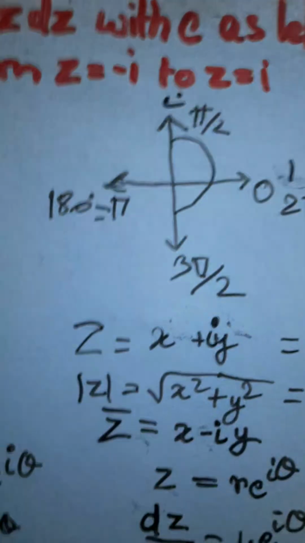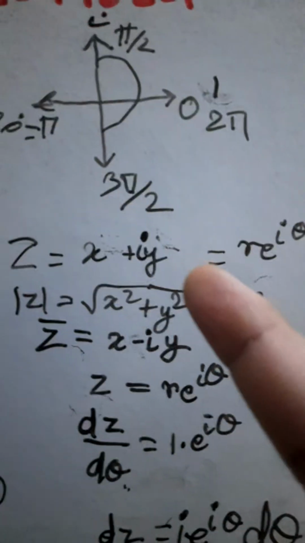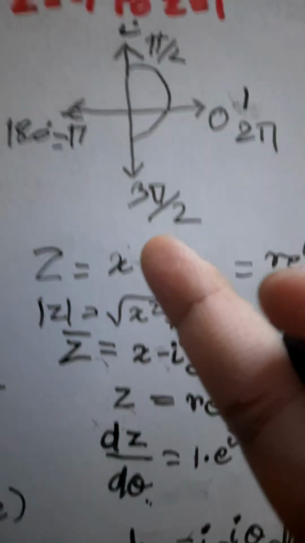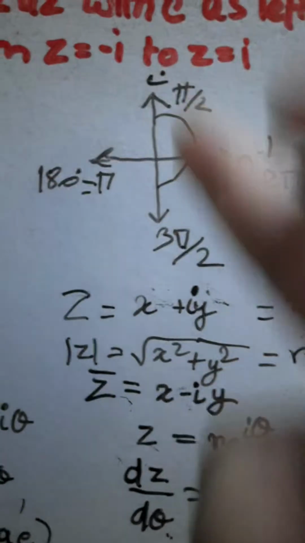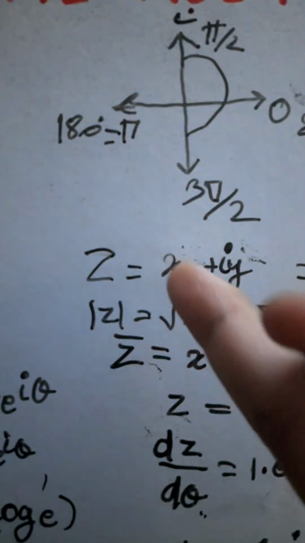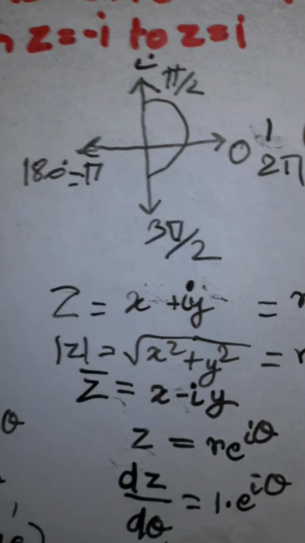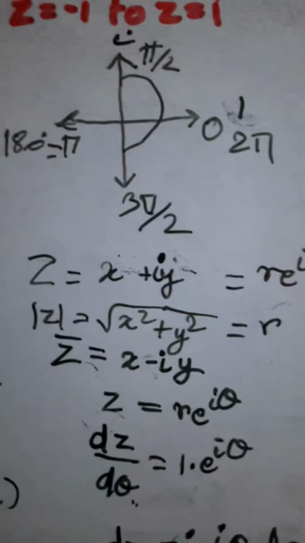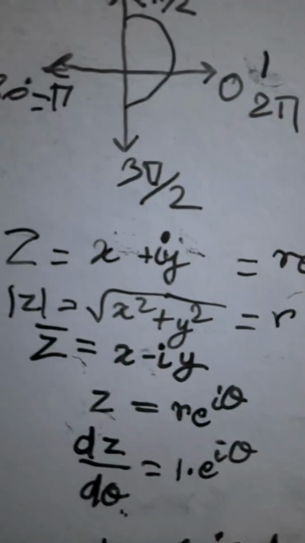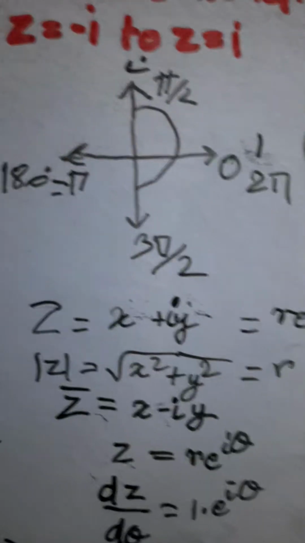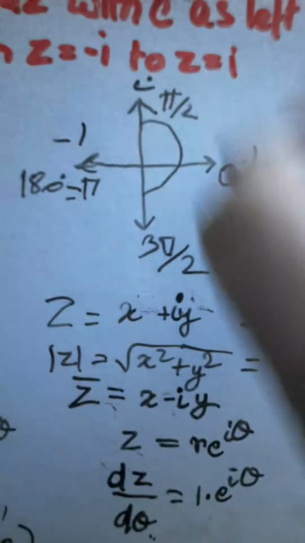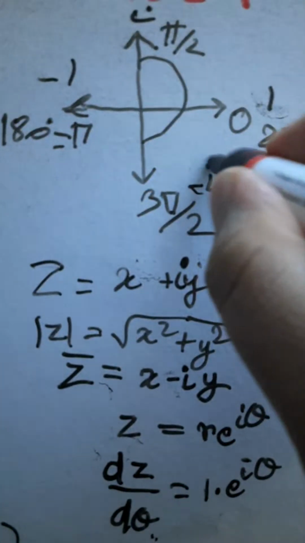Like x plus iy, so i is in the imaginary part, in the y part, so on the y axis we have i, here it is 1, so on the x axis x is 1, real part 1, imaginary part i. So what we have opposite of 1, simple, minus 1. What we have opposite of i, minus i.